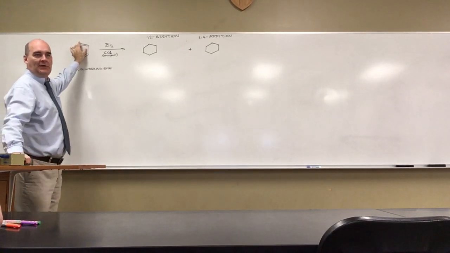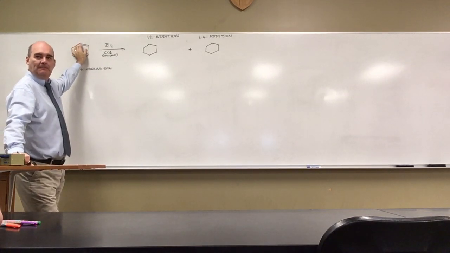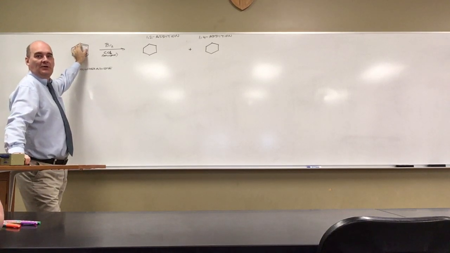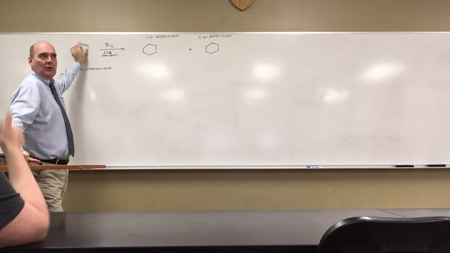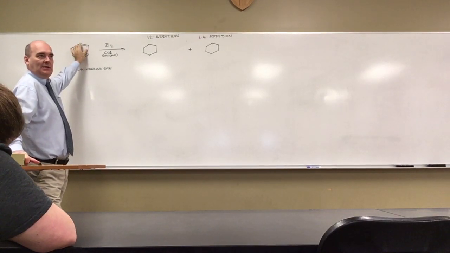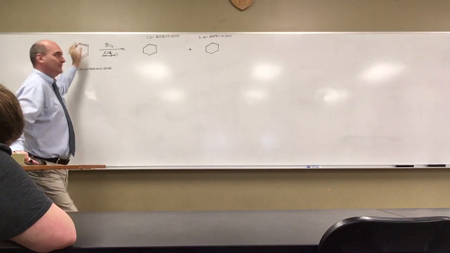What's special about the addition of bromine across a double bond? It's going to make the trans product. Its addition is anti, not syn. It makes the trans product, technically the threo product, not the cis, technically erythro product.